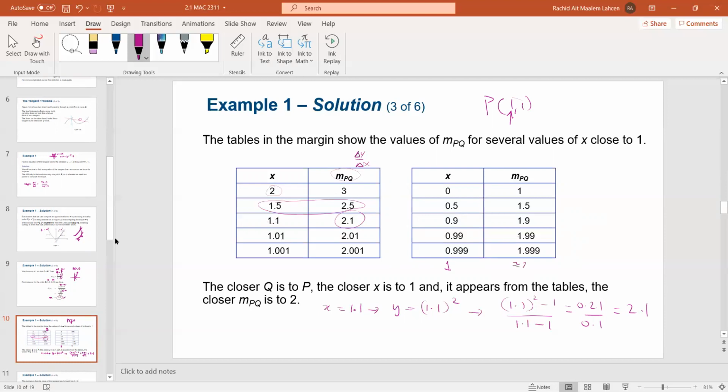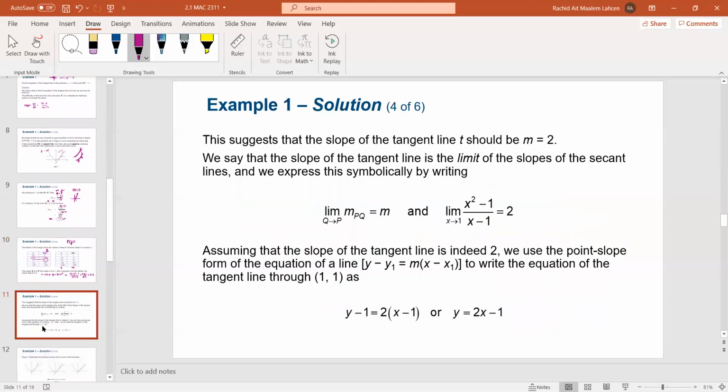So it gets close to 2. This tells us that as x gets closer to 1, this m_PQ is going to be 2. So that's the goal. This suggests that the slope of the tangent line should be 2.